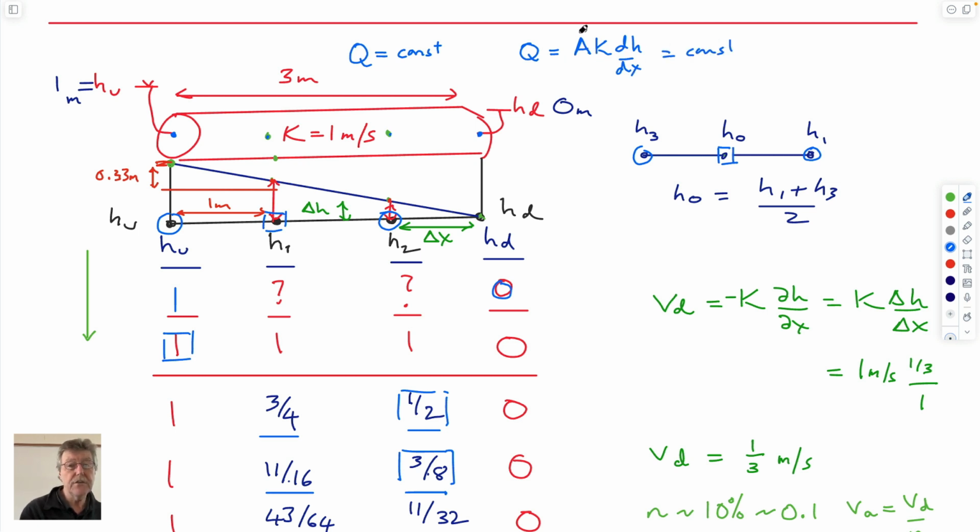If the cross-sectional area is constant and the hydraulic conductivity is constant, by definition the head gradient has to be constant. And if it goes between a value of 1 upstream and 0 downstream, it has to be a straight line.